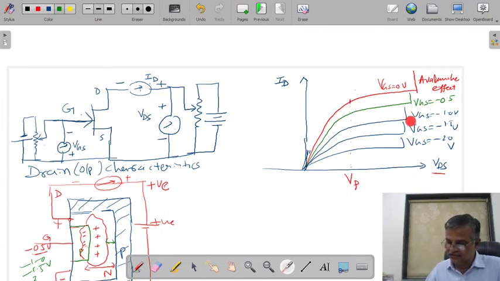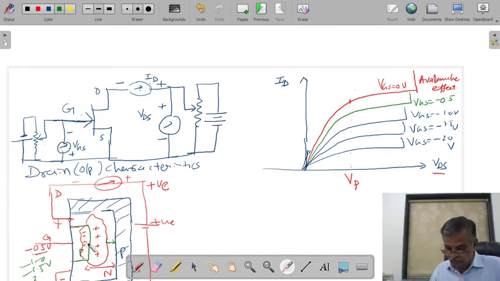As this voltage increases, the depletion layer increases, so the width of the conducting channel decreases. As a result, your current decreases.